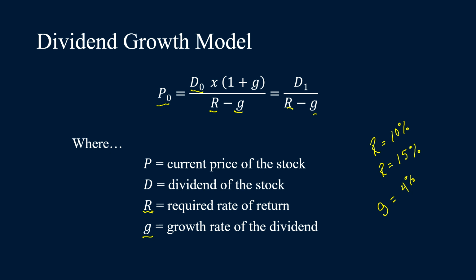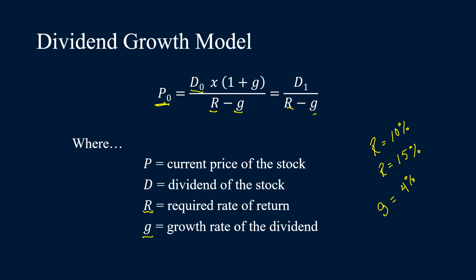And so you're just estimating what the growth will be, and then you're plugging in the number. It may not give you a very accurate price, but at least it's one measurement that you might use to get started on trying to analyze whether you should buy a certain stock or not.